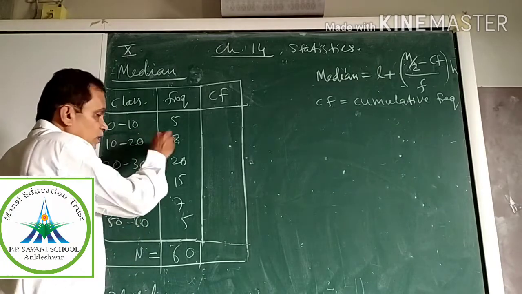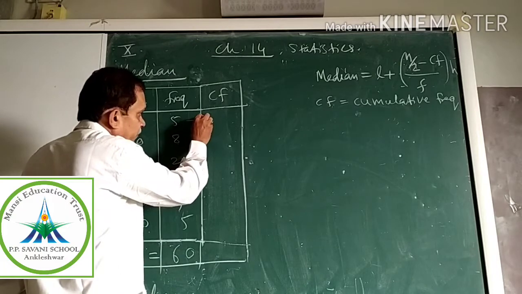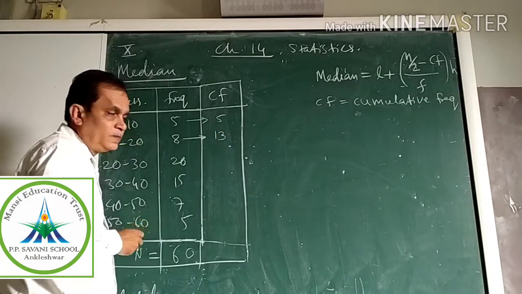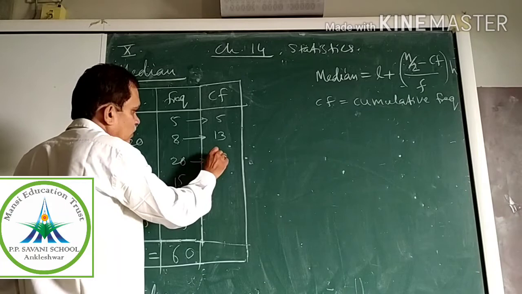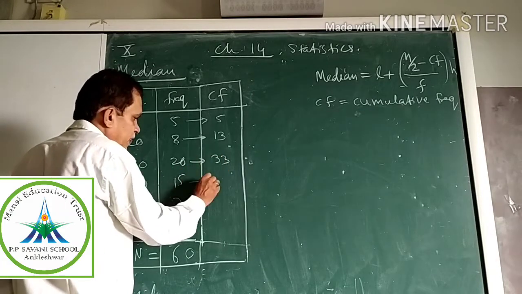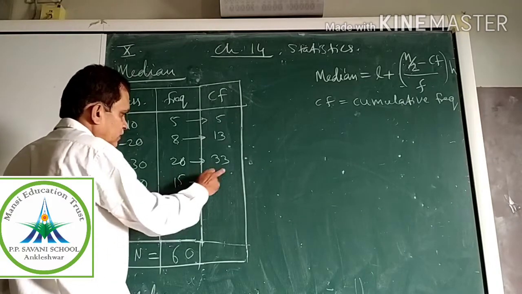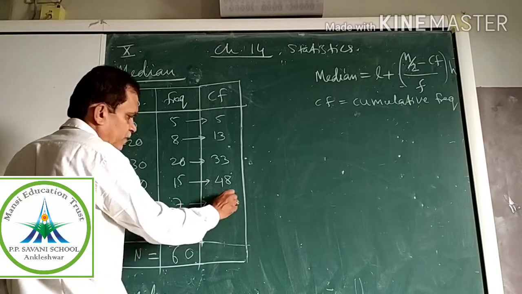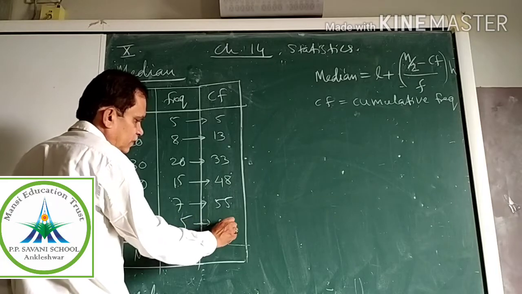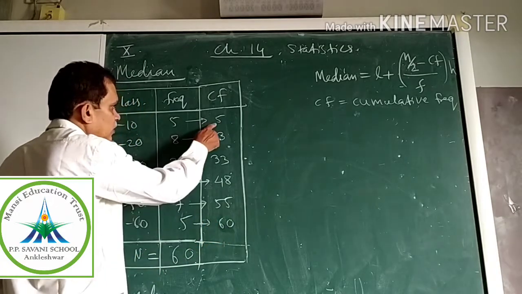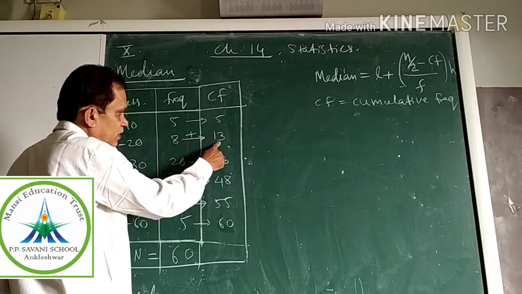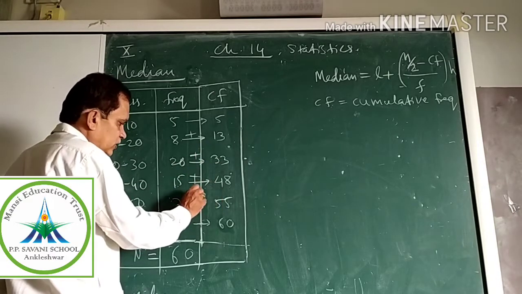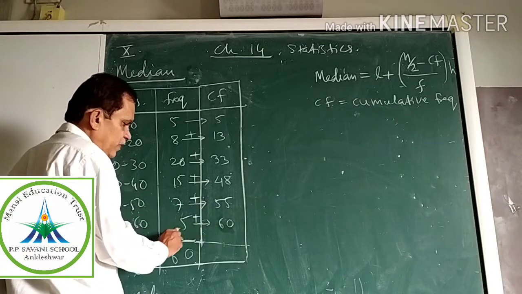Now see, for CF, first we write this 5. Then 5 plus 8, 13. 13 plus 20, 33. 33 plus 15, 48. 48 plus 7, 55. 55 plus 5, 60.